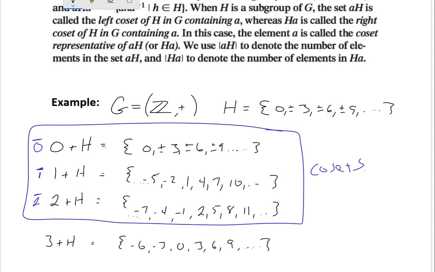Now, anybody remember what happened if H turns out to be a normal subgroup? What could you do with those? Yep, we can make these quotient groups, like Z mod 5. That's a good example.